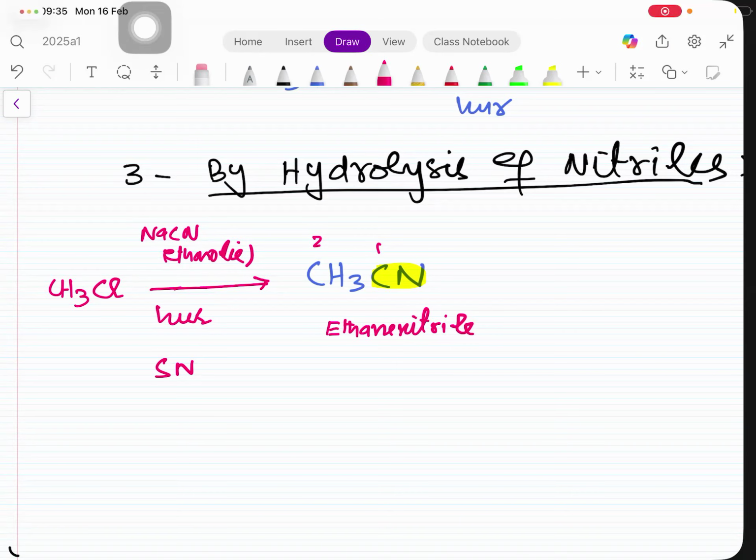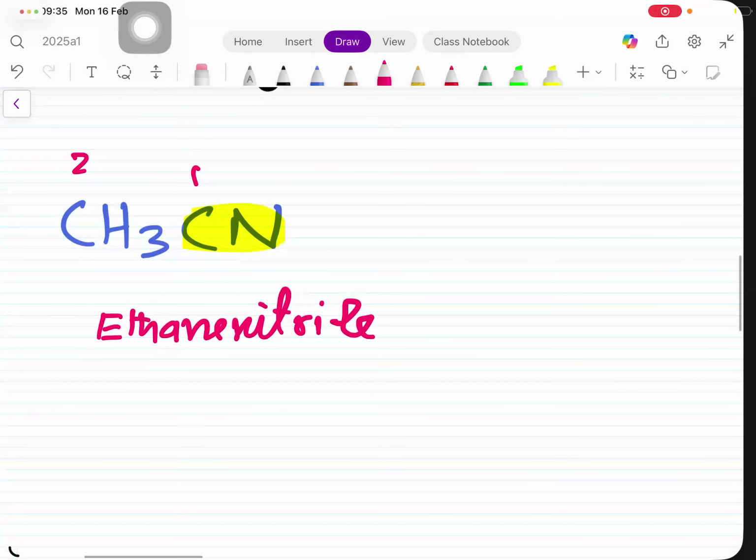The nucleophilic substitution reaction of haloalkane, Cl replaced by CN, a nitrile is formed. Now, this nitrile, when heated, in the presence of dilute acid or in the presence of dilute alkali, what happens? The mechanism is not in the syllabus. I'm just giving you the final products, whatever the steps that take place.